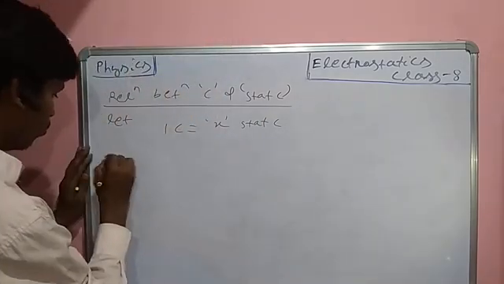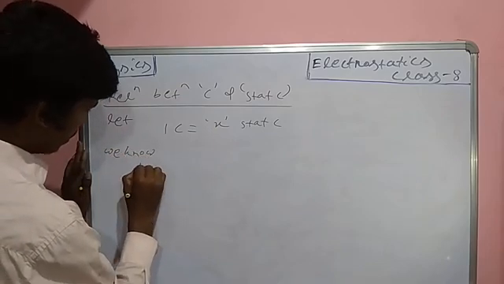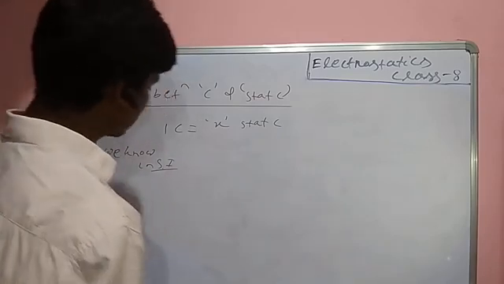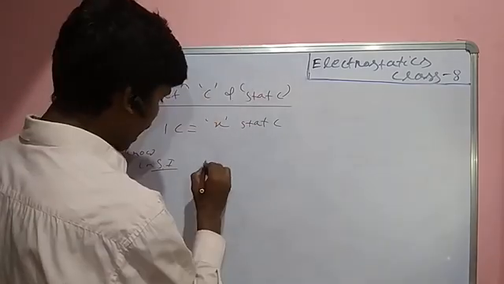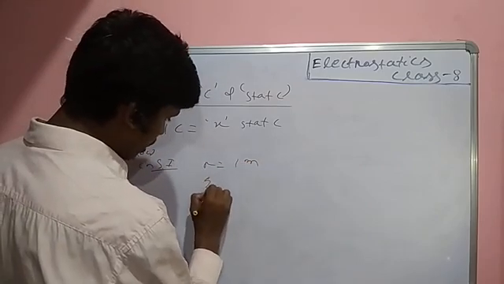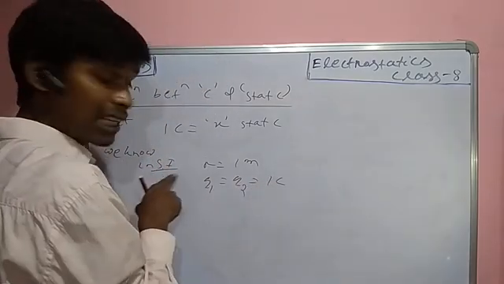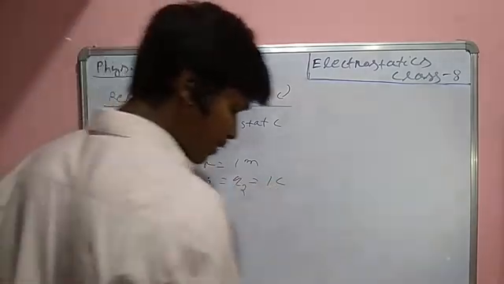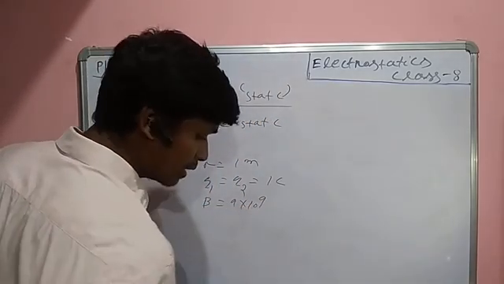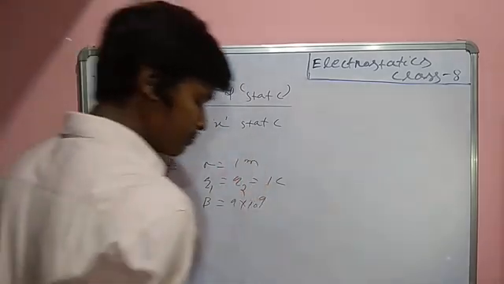In SI unit, R is equal to 1 meter, Q1 is equal to Q2 is equal to 1 coulomb, and the value of beta is equal to 9 into 10 to the 9.